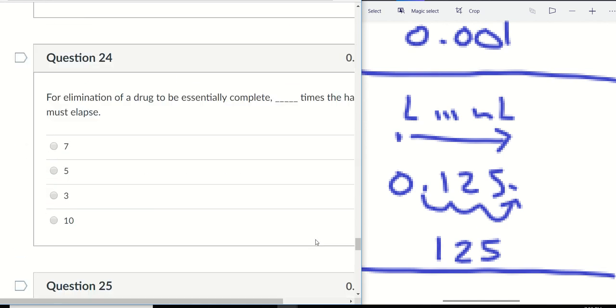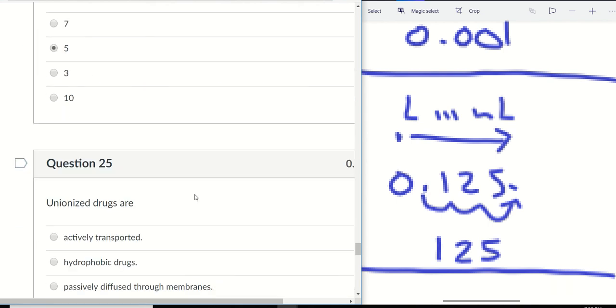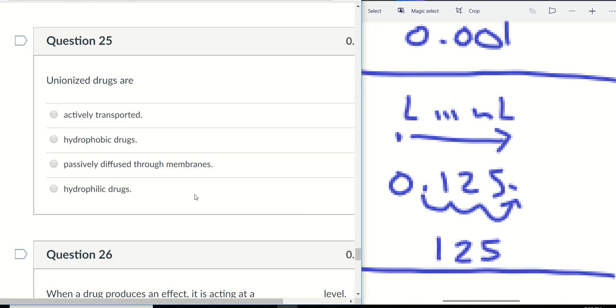24. For elimination of a drug to be essentially complete, how many half-lives? 5. So just take the half-life, multiply by 5, and you know it's out of your system. And then lastly, a couple more. Unionized drug. Are they charged or uncharged? Uncharged. So are they like water or are they like fat?